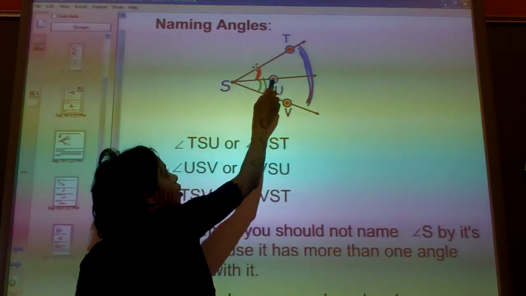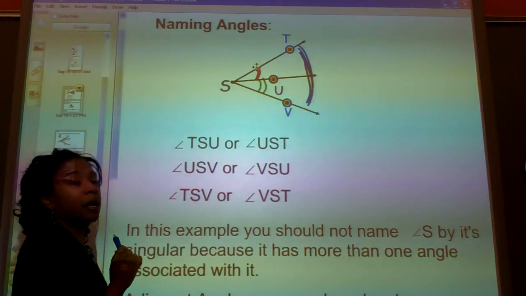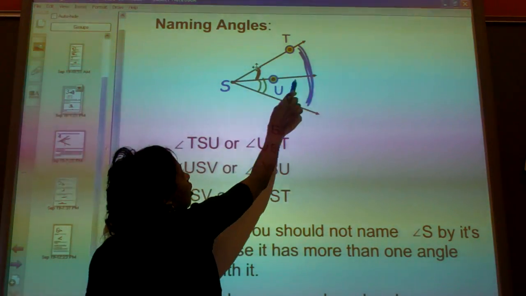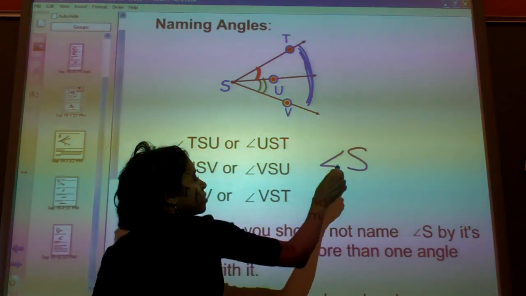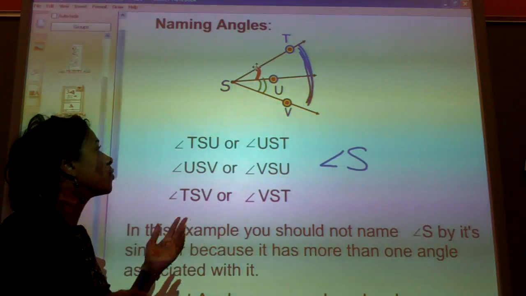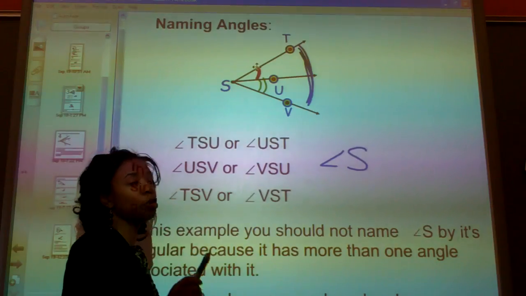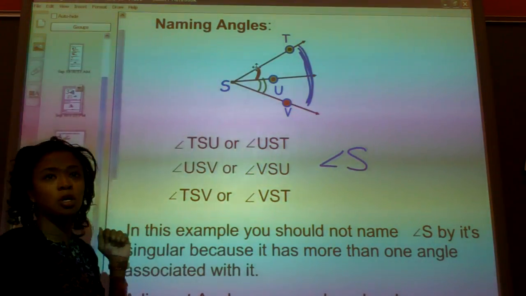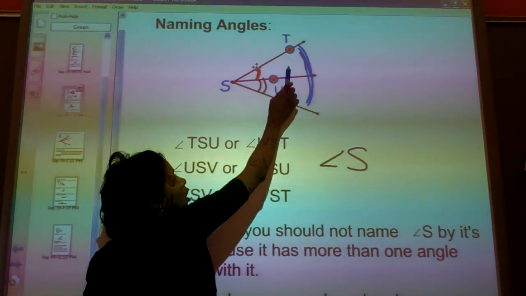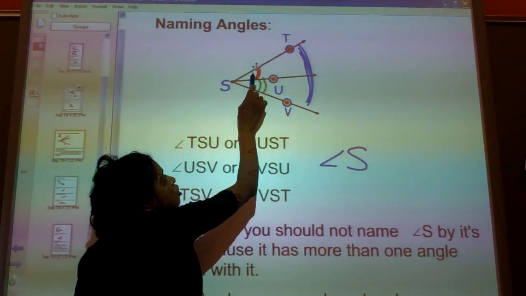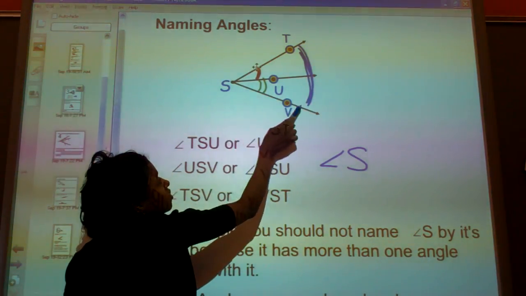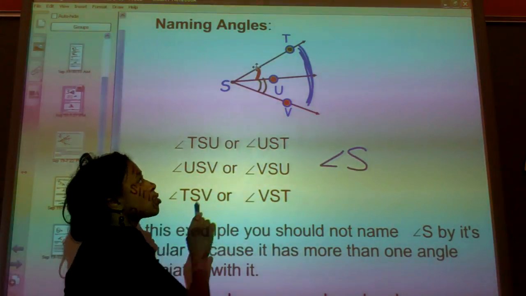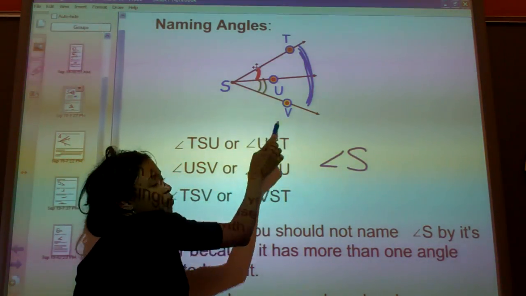When we have an angle being cut with another ray here, we can never call this angle S. Why can't we? Because if you say angle S, my question to you will be, which angle S are you talking about or referencing? Are you referencing angle TSU when you say angle S? Are you referencing angle USV? Or are you referencing angle TSV?